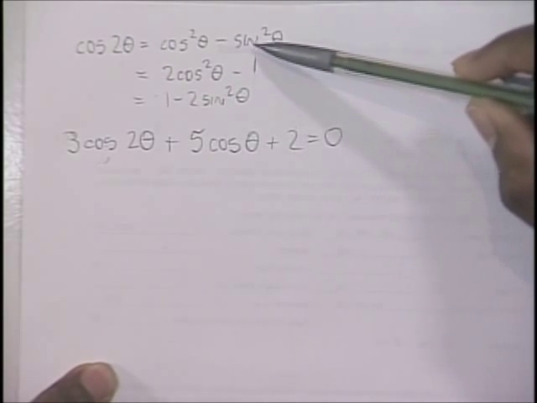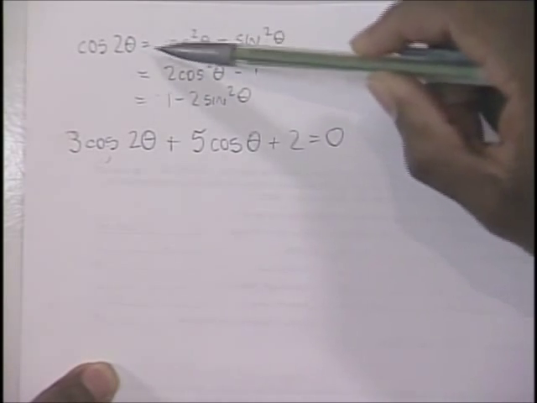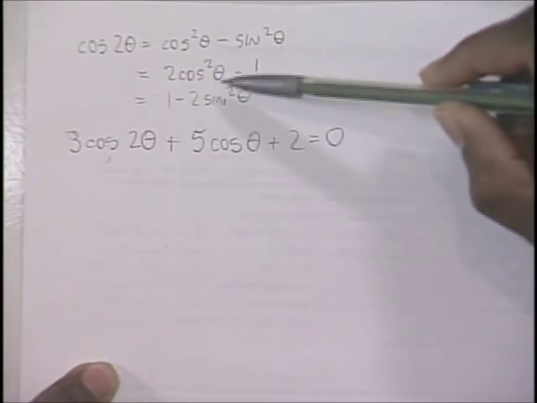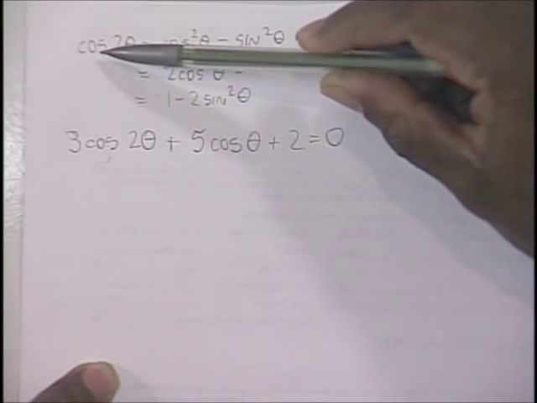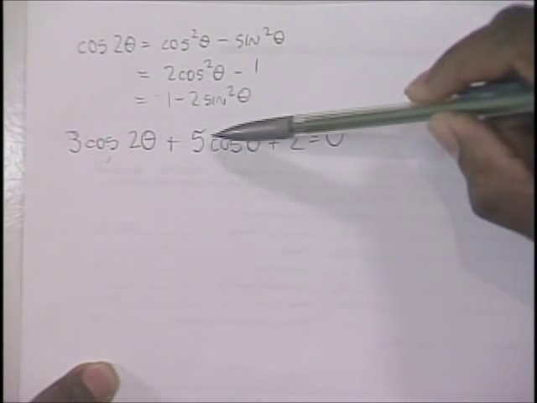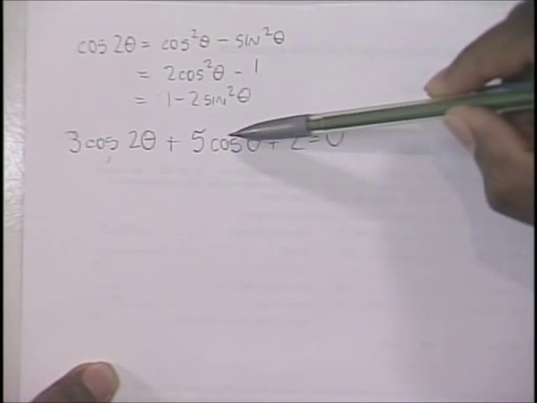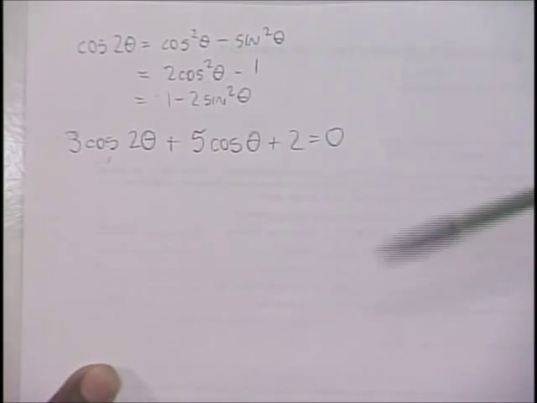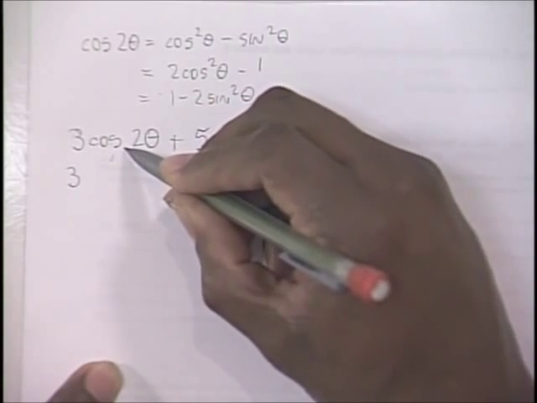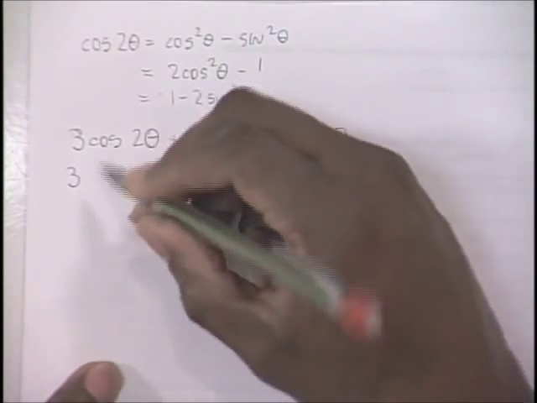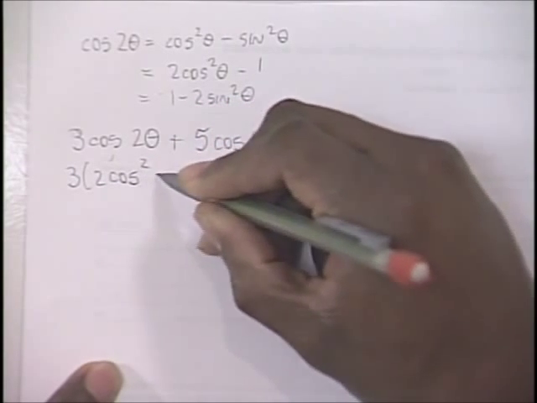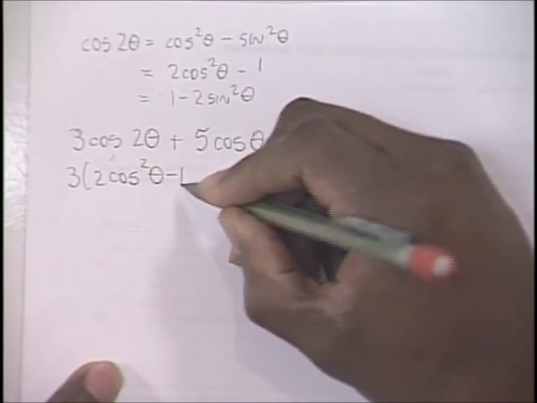You would not choose this identity because it has both cosine and sine in it. And even though this other identity is equal to cosine 2 theta, you want an identity that has exclusively cosine theta in it, just like your original problem. So let's rewrite cosine 2 theta as 2 cosine squared theta minus 1.